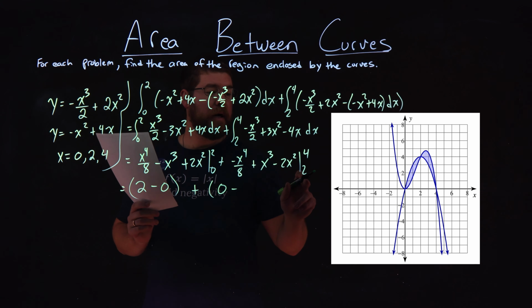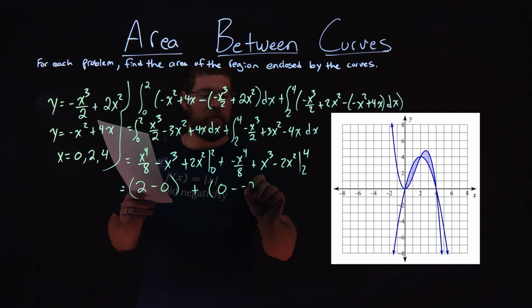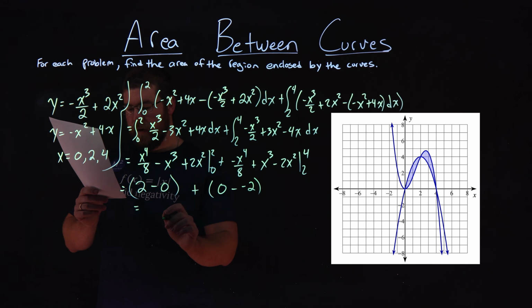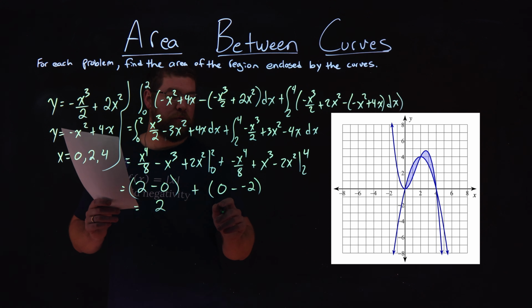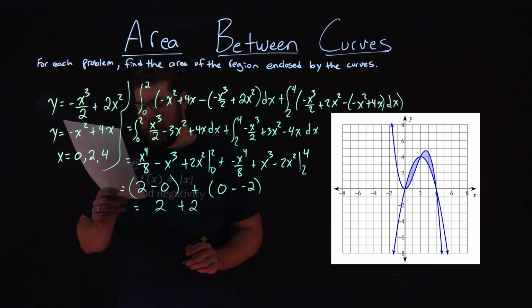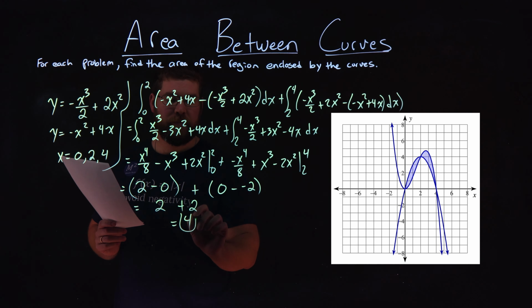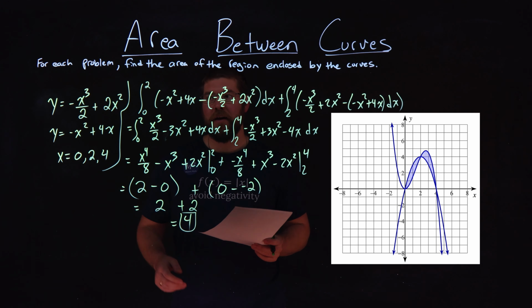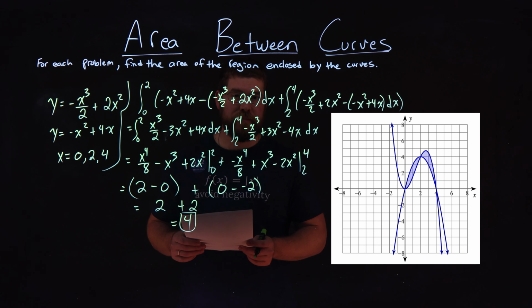That's nice. Minus, when I plug 2 in for x in the second equation and simplify, I get a negative 2. 2 minus 0 is 2. Plus a 0 minus a negative 2 is plus a positive 2, plus 2. And hopefully we all know this, 2 plus 2 is 4. So after all of that, the area of the region enclosed by the curves is just 4.